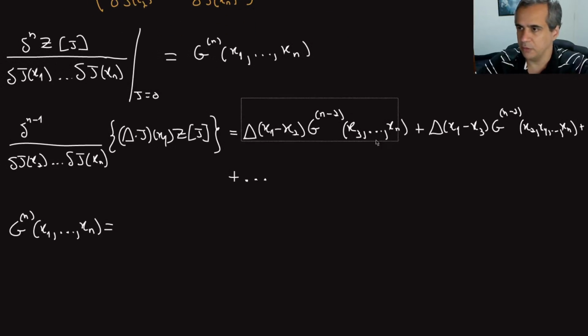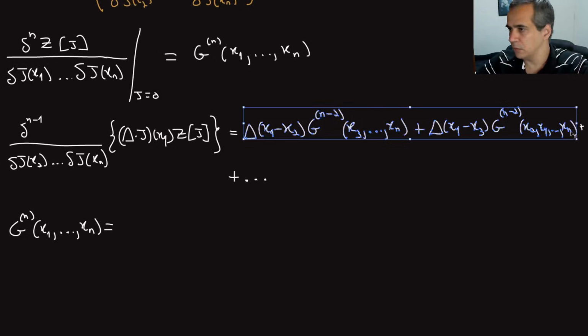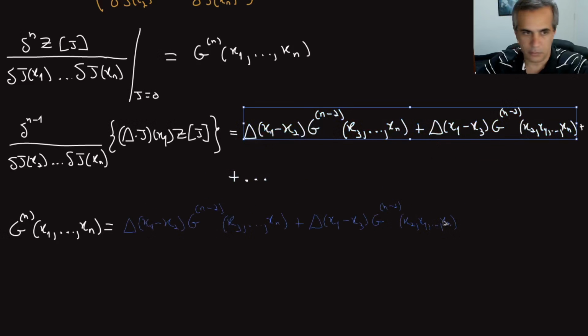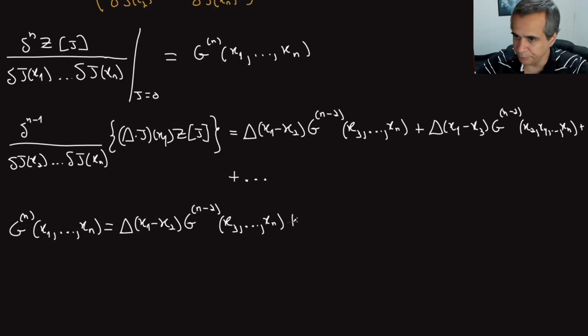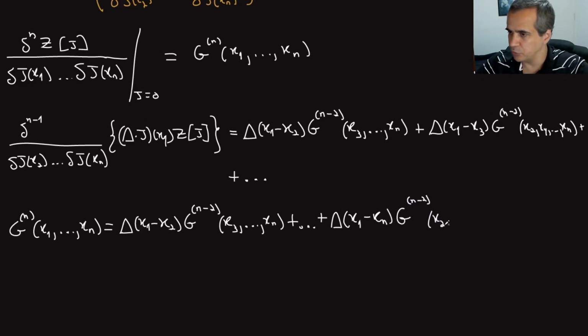Let me copy it. Let me write this in general terms. The last term will be x1 minus xn times g n minus 2 that depends on x2 all the way to x n minus 1. This is the first and the last term of this part.